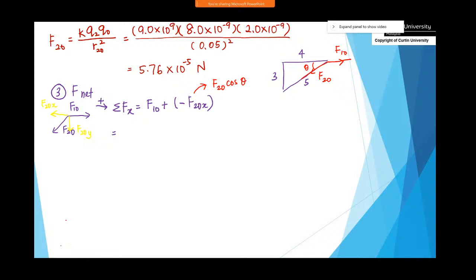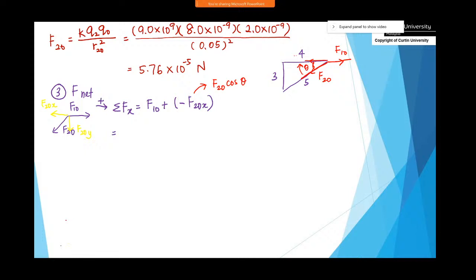So I presume most of you know how to do the resolving. Okay, so if I want to resolve to my axis, it will be the hypotenuse cos the angle, and it goes to the x-axis.